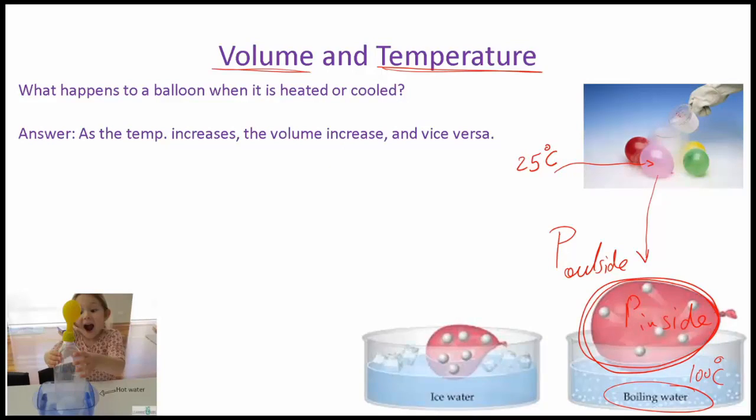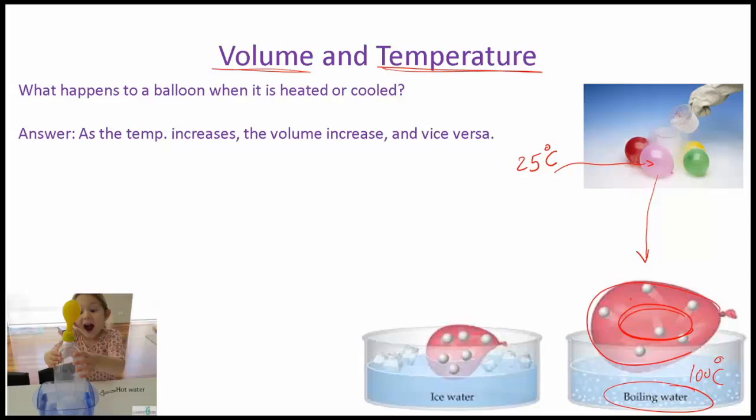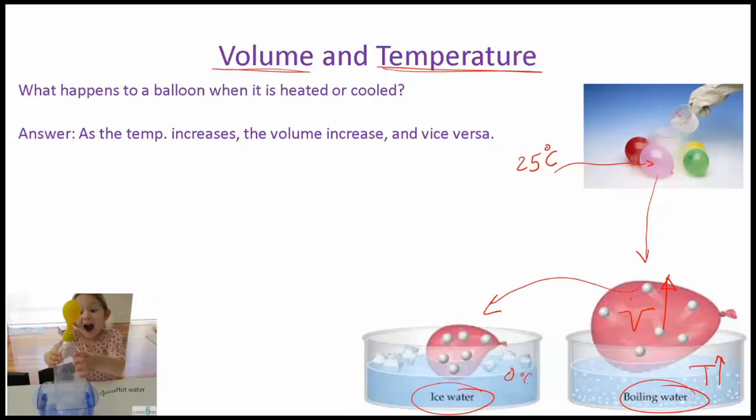So as long as we have the same pressure, which is atmospheric pressure, I expect the pressure to be constant. So I have increased the temperature. So this small balloon will expand. Its volume will increase. And if we take the same balloon and put it in some ice water at 0 degrees Celsius, we will find that when we decrease the temperature, the volume of the balloon will decrease.